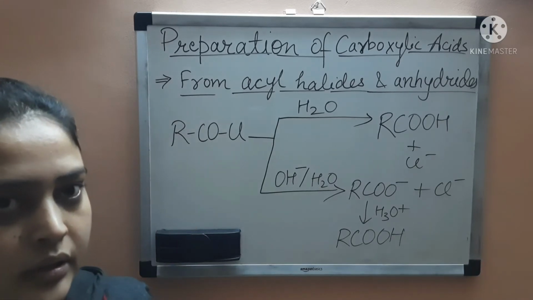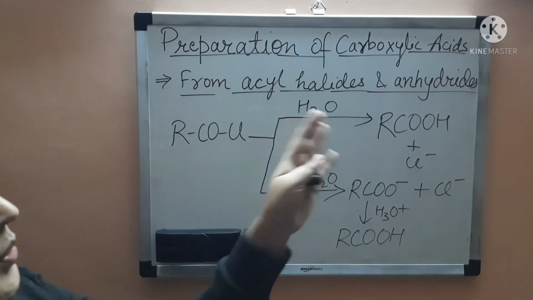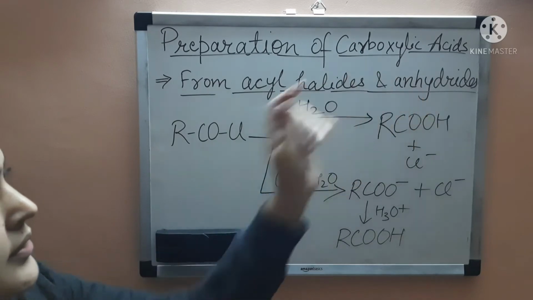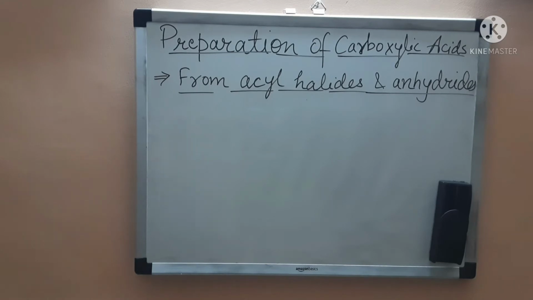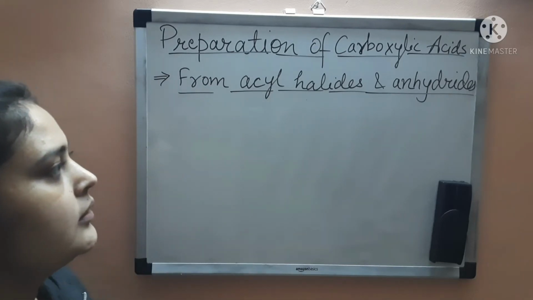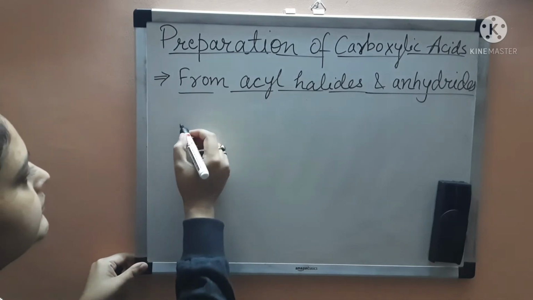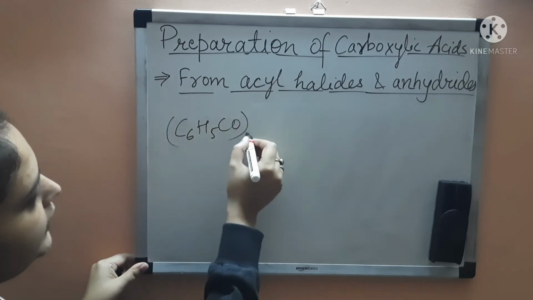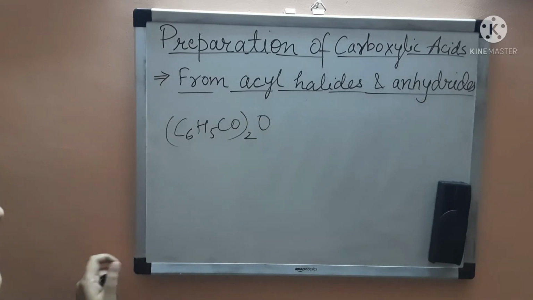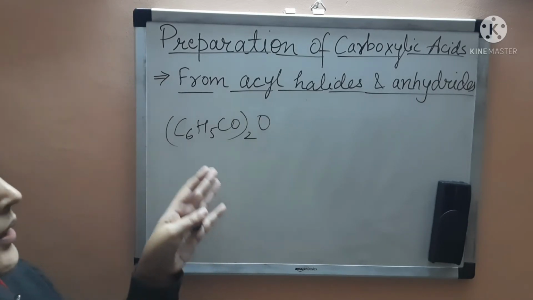The second method is to produce carboxylic acid from anhydrides. So anhydride example I am taking (C6H5CO)2O. So this is benzoic anhydride.